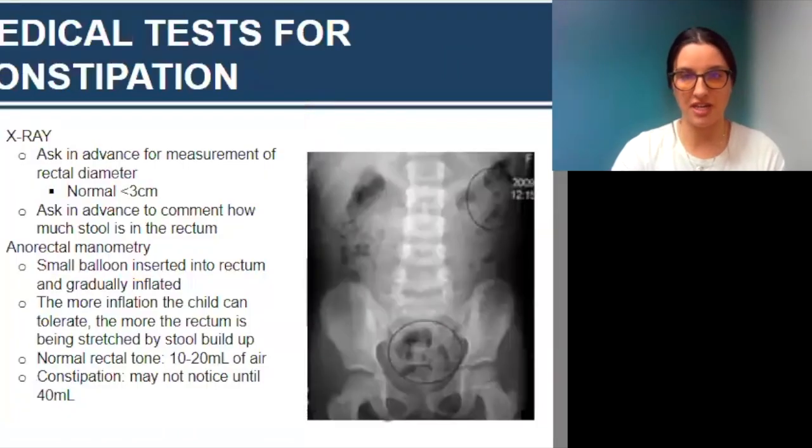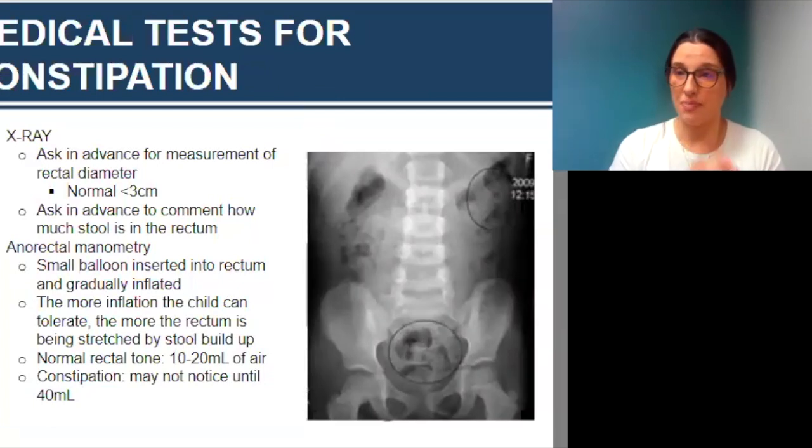Medical tests for constipation. An X-ray is one of the best baselines you can get. Feeling the abdomen doesn't tell you a lot about constipation, because the rectum will actually stretch to accommodate the extra poop. When you do get these done, it's called a KUB, and you want to ask in advance for measurement of the rectal diameter, because normal is less than 3 centimeters.